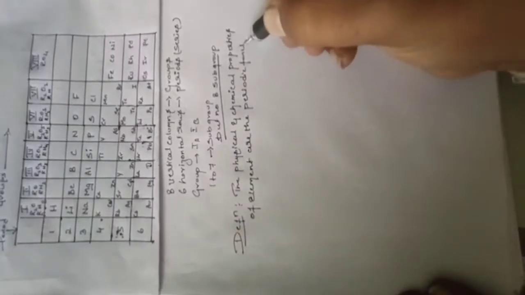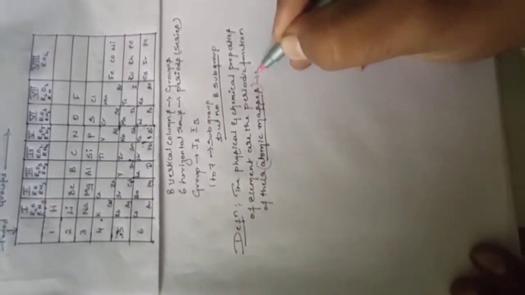If we define Mendeleev's periodical law, the physical and chemical properties of elements are the periodic function of their atomic masses or atomic weight.